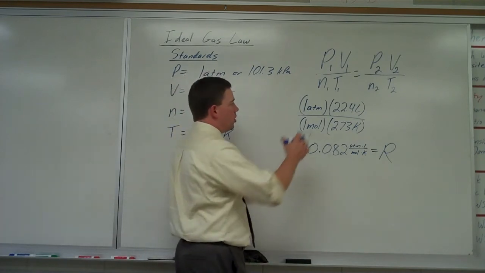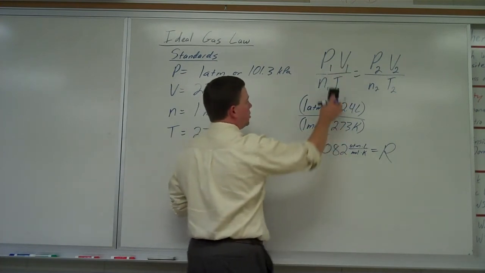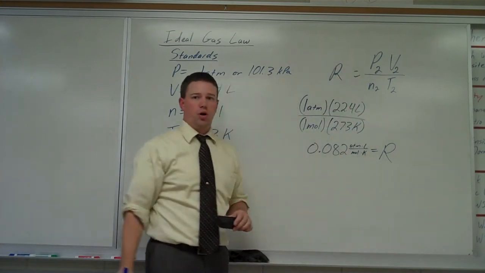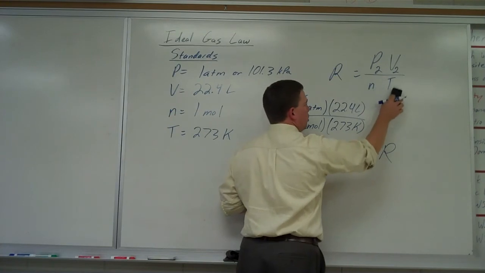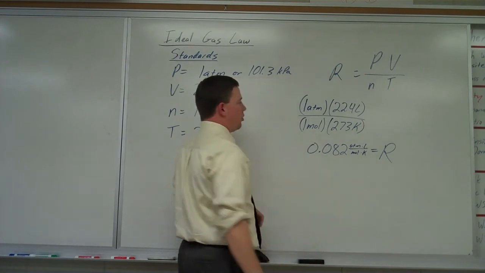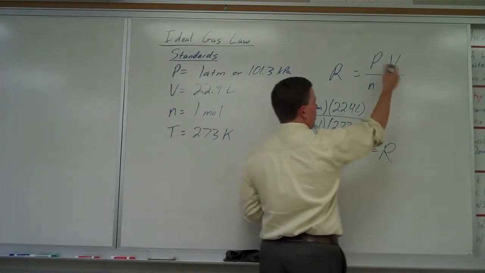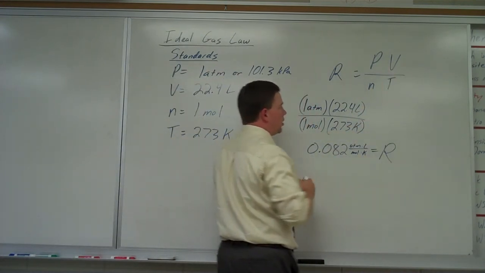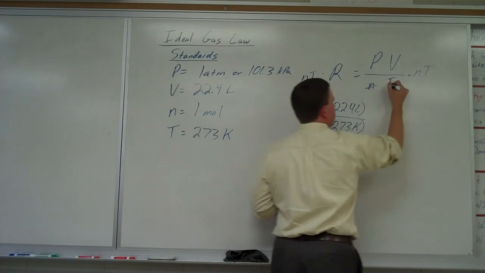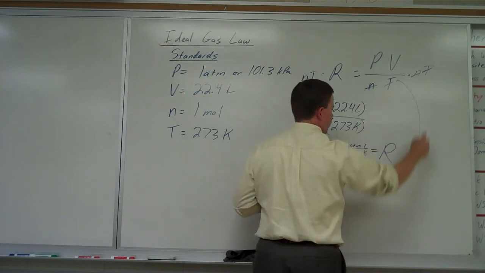But the idea is we took this equation, and instead of having to go P1, V1, n1, T1 all the time, we just turn that whole part of it into something we call R. Then I don't need these little 2's anymore, and I get rid of all those. This is where we rearranged it algebraically and multiplied both sides by n and T. If I multiply this side by n and T, and this side by n and T, it cancels out over here, and we move it down here.